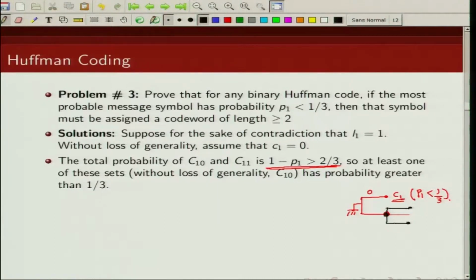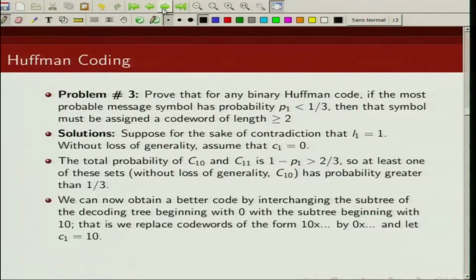So if this has probability greater than 2 by 3, and there are 2 nodes or leaves which are merging here, then at least one of them must have probability greater than 1 by 3, right? I am calling these C10 and C11. So at least one of them, either C10 or C11, has probability greater than 1/3, correct?